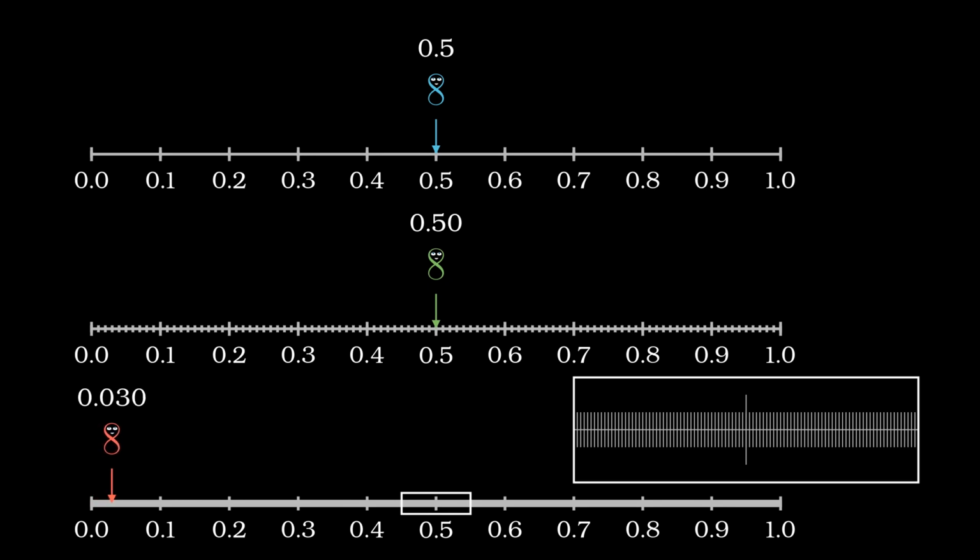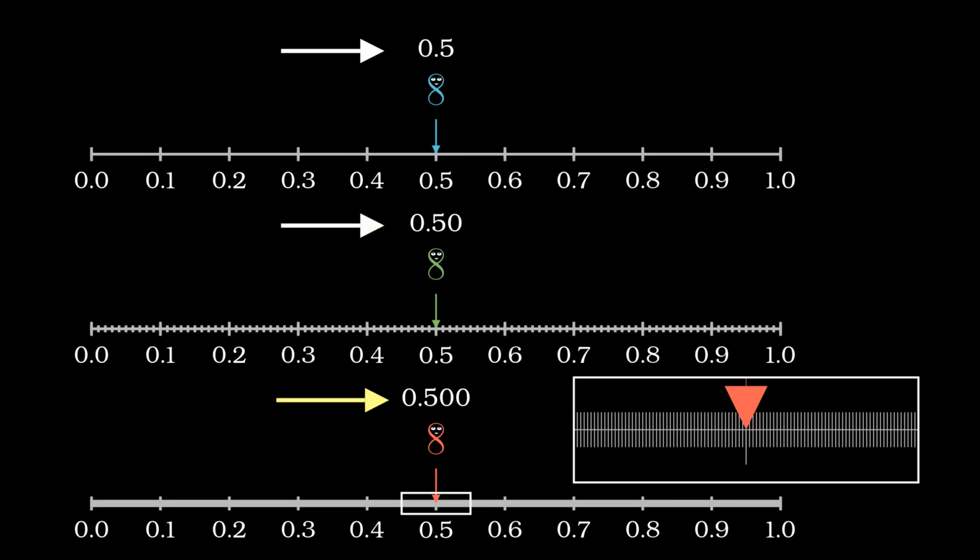The only difference is that in the first line we keep counting more numbers, but in the end, all the creatures stand right in the middle of the exact same line, that is, they have arrived at the same number. That's why 0.5, 0.50 or 0.500 is the exact same number.